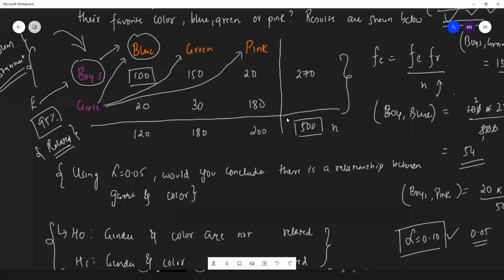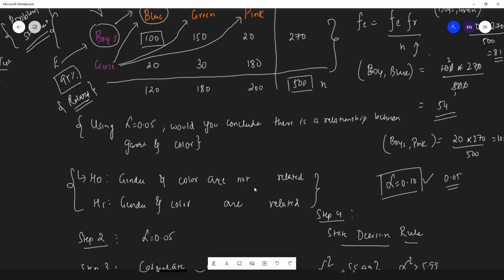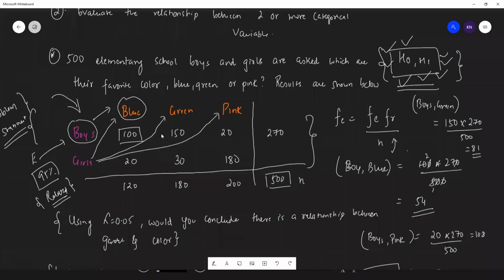When we have this kind of statement, just by seeing it you can definitely say that there is a relationship between gender and color. I'll tell you why that book has selected not: just by seeing this, there is an exact relationship.